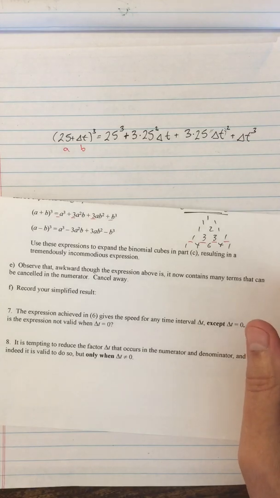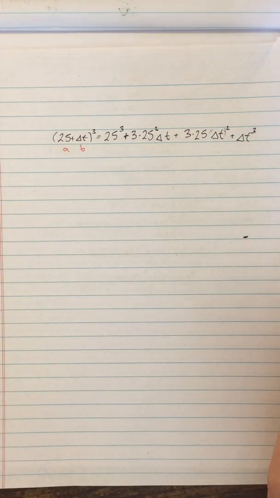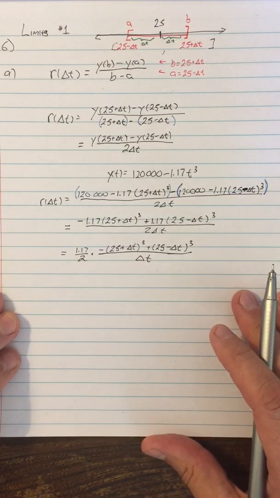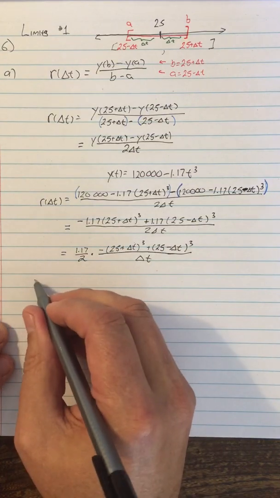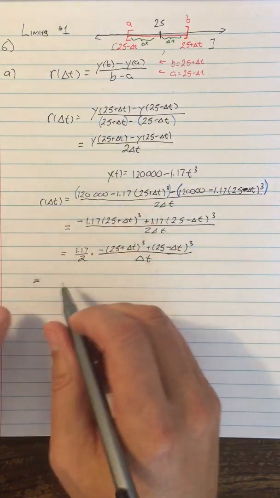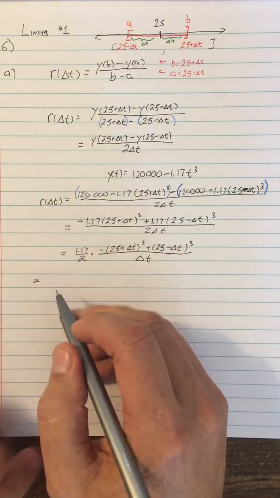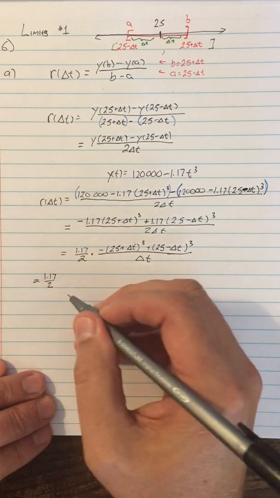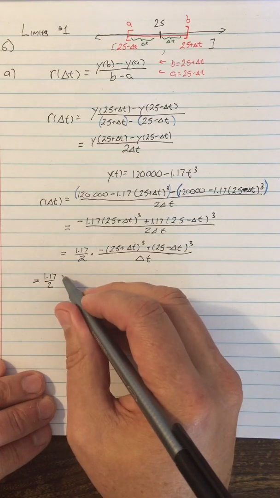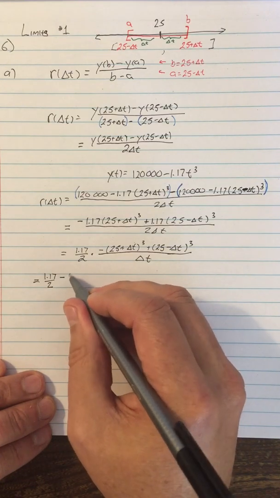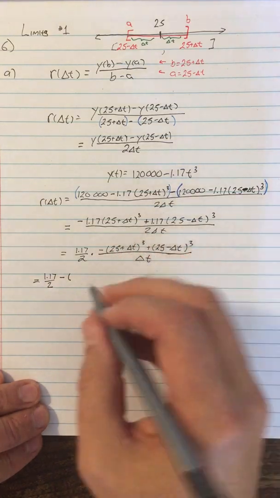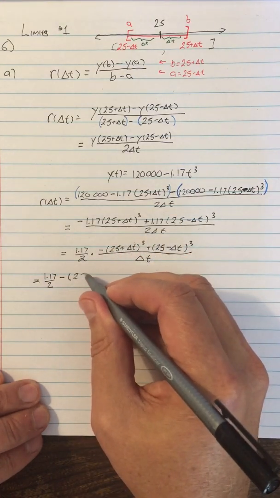All right, so this is the kind of thing that we're doing here. And in fact, I'm not even necessarily going to multiply a lot of these things out, because they're just going to cancel out anyway. So let's see how that goes. I'm going to have my equals because I'm copying. So this implies r of delta t equals 1.17 over 2 times negative. I'm not even going to bother to cube out 25 and say what 25 cubed is. I'm just going to call it 25 cubed.